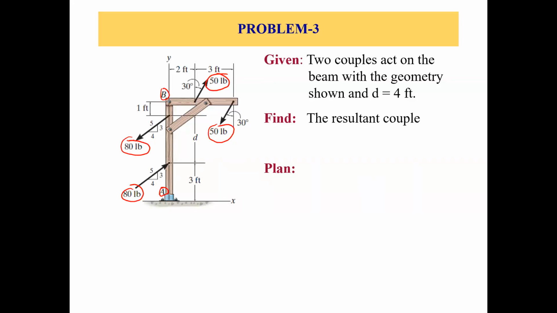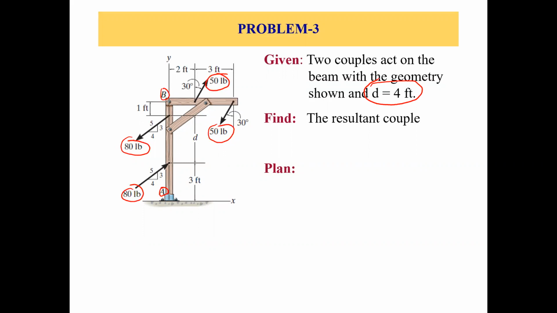Now, which are the two couples? If you look at the figure, these two 50-pound forces are equal in magnitude, opposite in direction, and parallel, and they have this 4 feet perpendicular distance between them, right? So they make a couple.